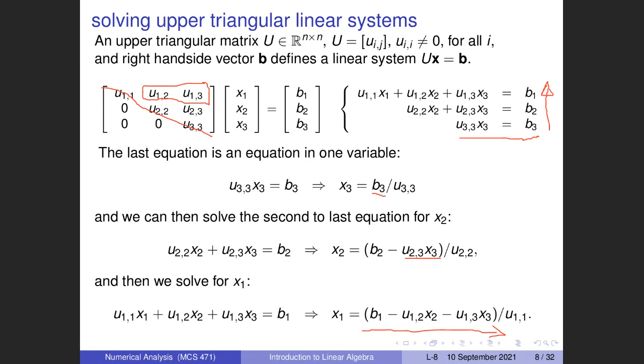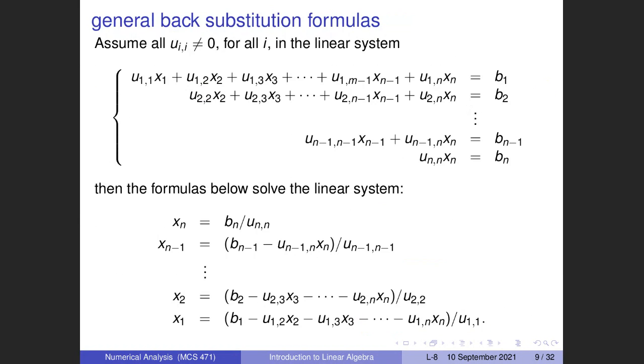So I mentioned the double loops. So solving an upper triangular linear system, it looks like you cannot do it faster than matrix multiplication, but you can. So this is actually now a much faster algorithm than matrix multiplication. All right, here we have the general back substitution formulas.